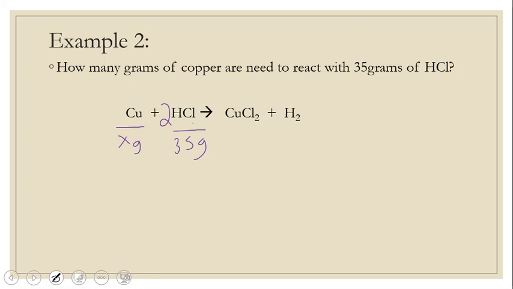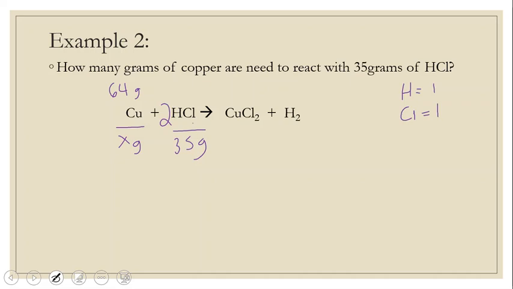In this case, I need grams, so I need molar mass in order to complete my cross multiplication. Copper is a pure substance. We need to use its atomic mass. There is 62 grams. And for hydrochloric acid, let's calculate it over here.